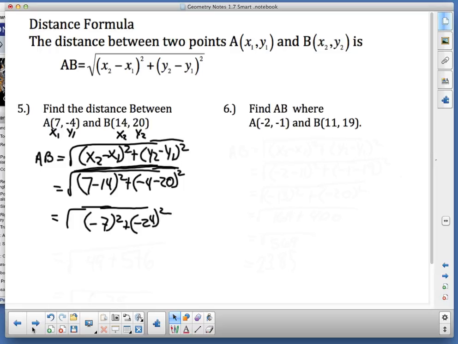I say it that way because a lot of people make mistakes with their calculator and they go negative 7 squared and come up with negative 49, or negative 24 squared and come up with negative 576. And folks, if we're squaring them right, they should always be positive numbers. So when we add two positive numbers, we should get a larger positive number. So we should get 49 plus 576.